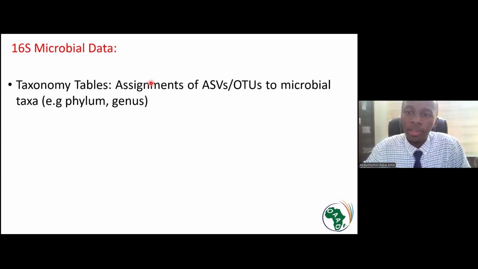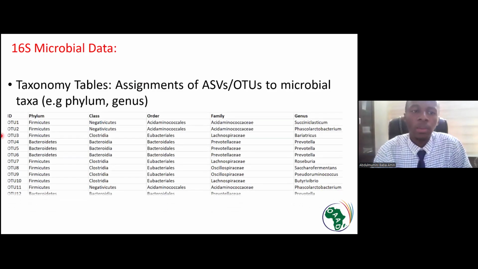So each gets assigned to a particular taxon, that's phylum, genus, species, family, and the rest. These taxonomic tables show us which OTU gets matched to which taxa, like this OTU1, Firmicutes, and the genus Succinivibrio. You can look at all the OTUs being matched to particular phyla, class, order, family, genera, species, and so on. This is how the taxonomic table looks, and we will be using the taxonomic table today for our analysis.